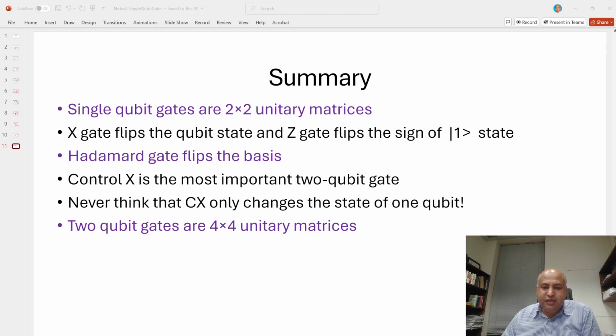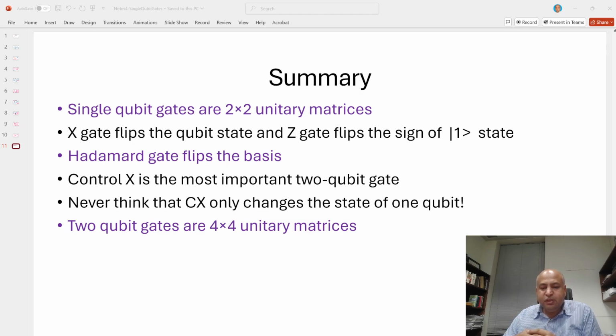So it flips the sign of one state and does nothing to the 0 state. And the Y gate essentially does both things at the same time. And the control X gate is a gate that entangles the two qubits if they are in a special product state.